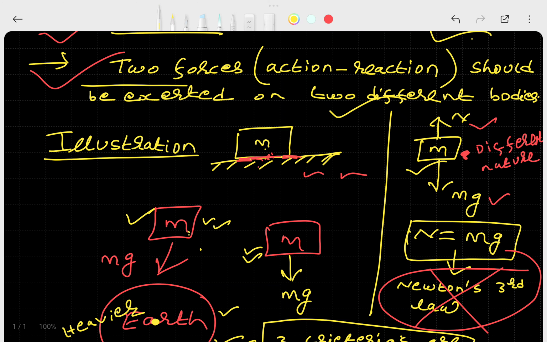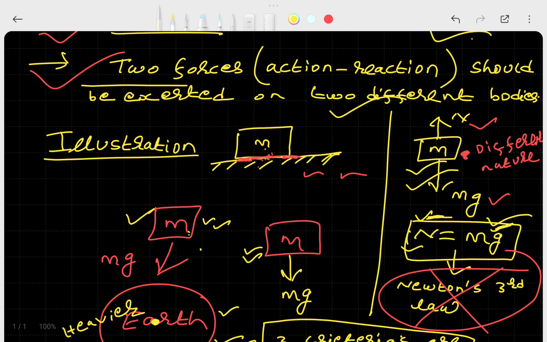But in this other case, if you write N equal to mg due to Newton's third law, you are wrong, because the normal is an electromagnetic force and mg is gravitational in nature. This weight is due to gravitational force, and the normal is of electromagnetic nature. The nature of the force should be the same, and it should be exerted between two different bodies.